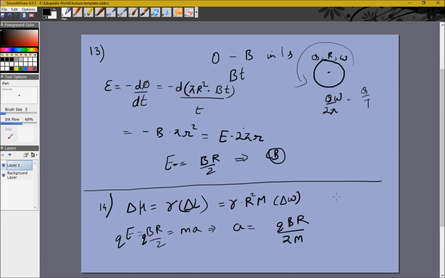And we already know that it's going to try to slow it down. It should be a minus here, because the induced electric field will be such that it opposes the change in magnetic field. That's the way it works.